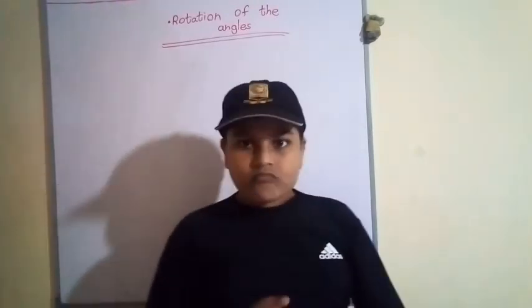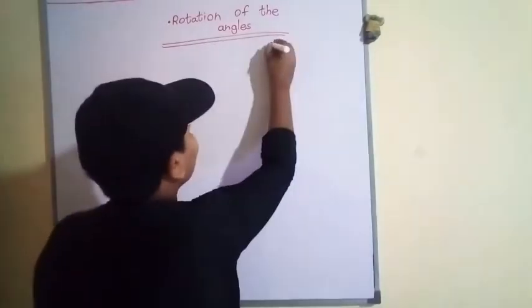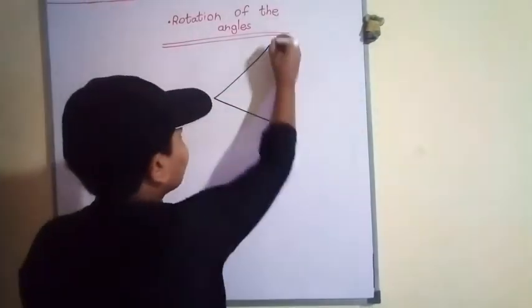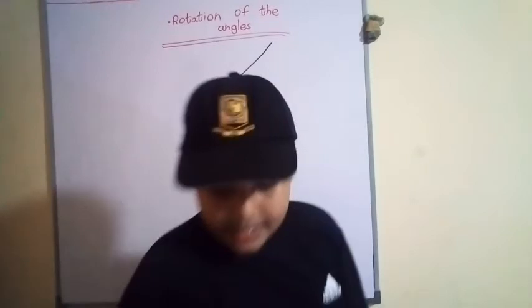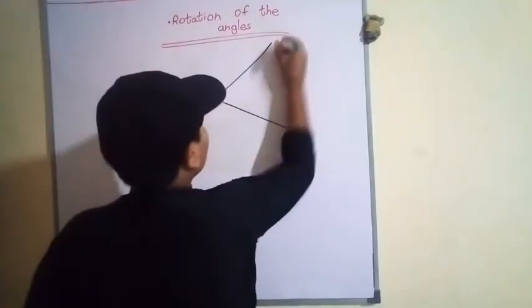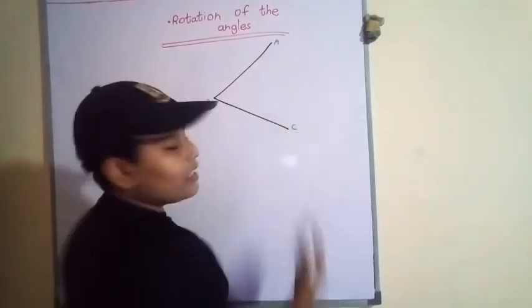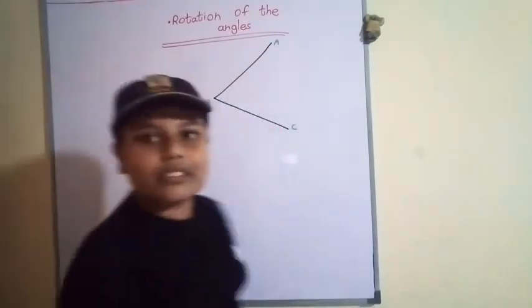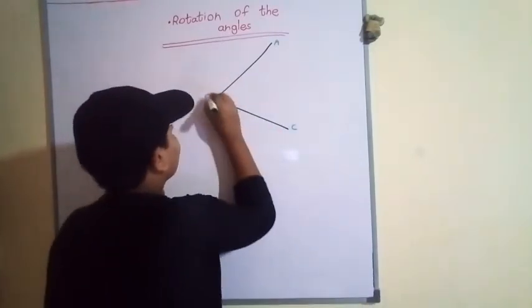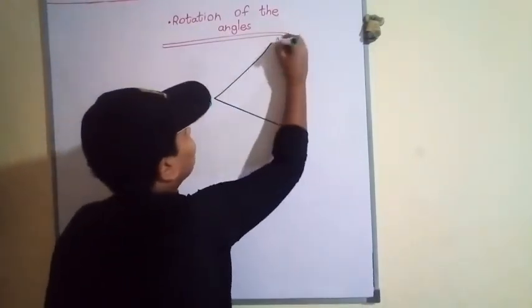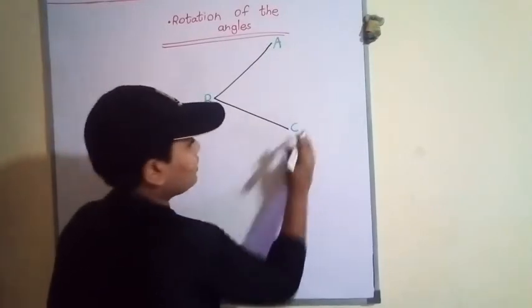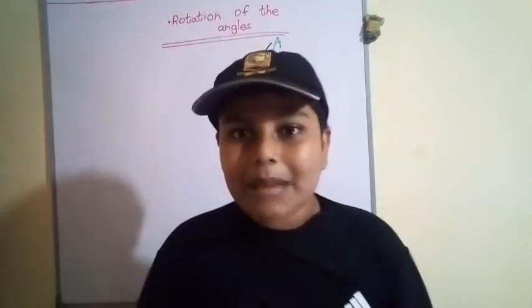Now, if you get an angle like this, you can name it ABC. The last angle also, ABC.